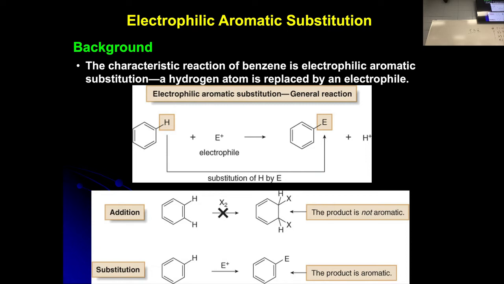You'll hear organic chemists quite frequently call this kind of thing a driving force. The driving force for this electrophilic aromatic substitution is the fact that it remains aromatic and stable. So it's because of that product that it undergoes substitution but not addition. That is exactly right.